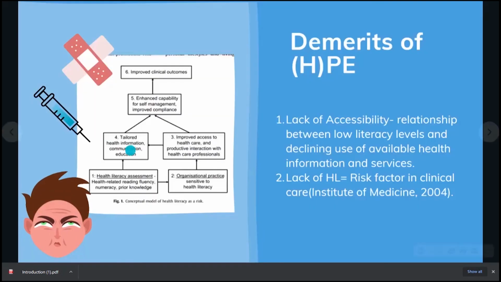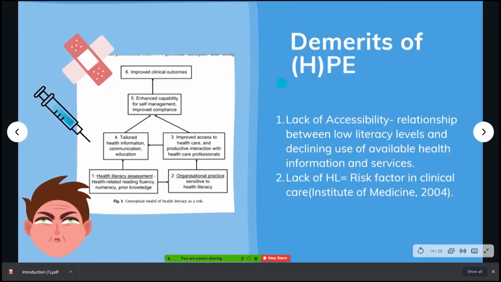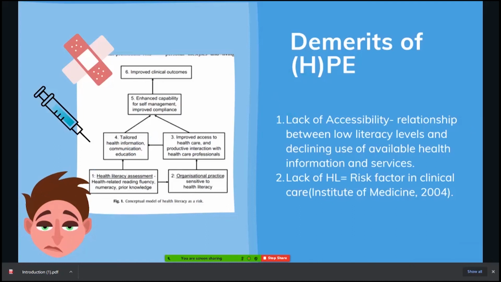The disadvantages are basically said by Parker in 2000, that there is a relationship between low literacy levels and declining use of public health information. In regards to this, the U.S. Institute of Medicine says that having poor literacy skills are seen as potential risk factors that need to be managed in the process of providing clinical care.